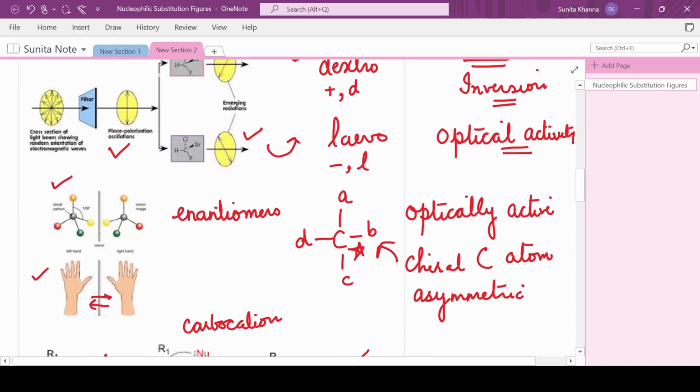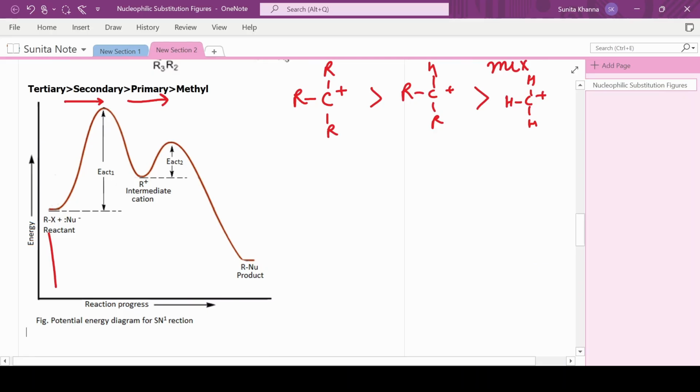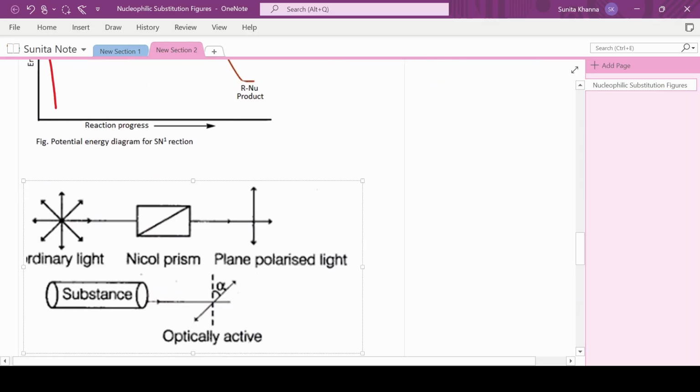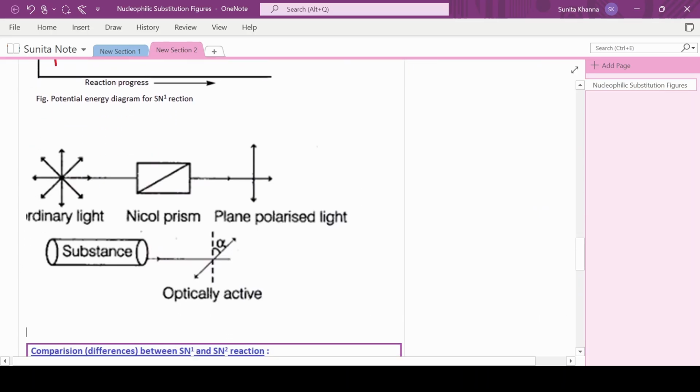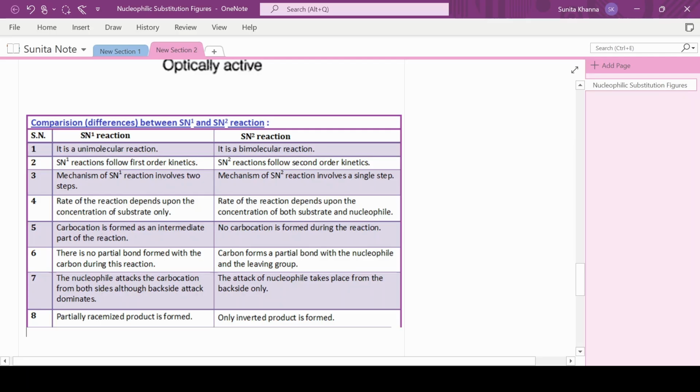Wherever there is stability of the carbocation, that favors the reaction via the SN1 mechanism. Let's go through the comparison between the two.